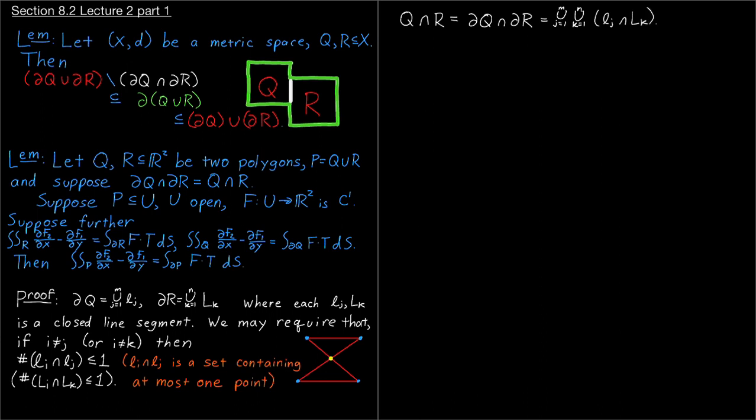And we get that the intersection of Q and R is the union of all the intersections of the line segments. And then if you think about it, it's not too hard to prove that any two line segments either intersect in a line segment, or at one point, or no points.